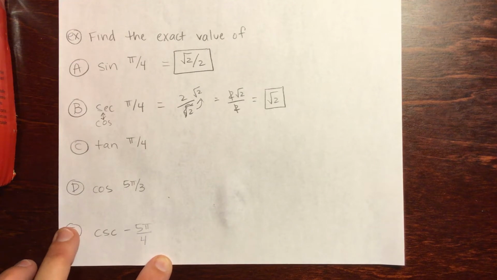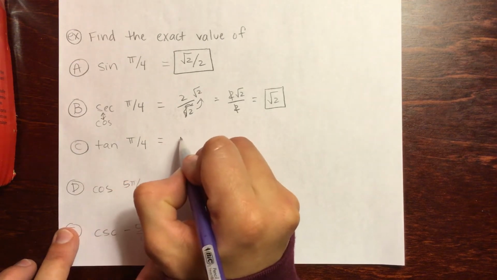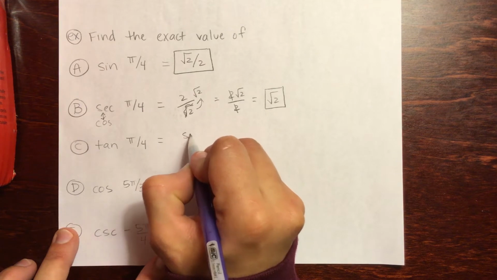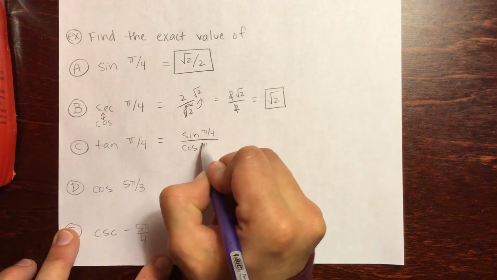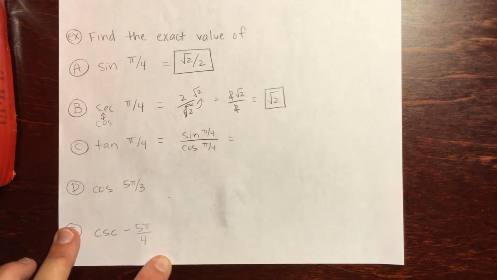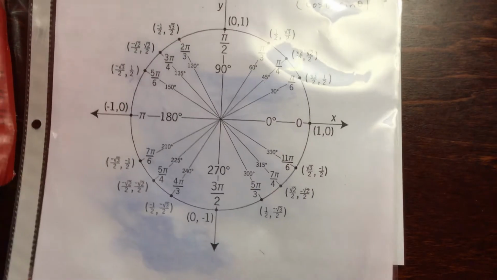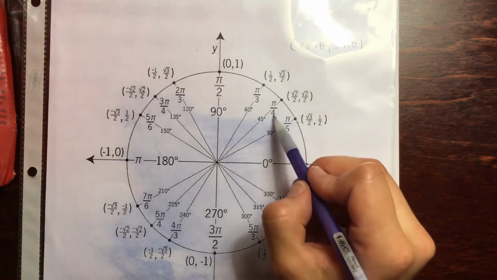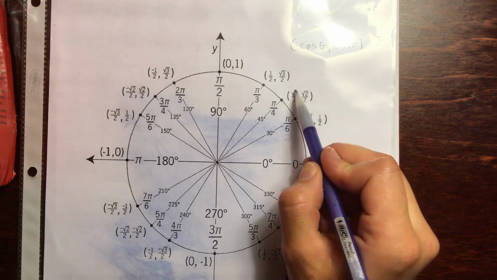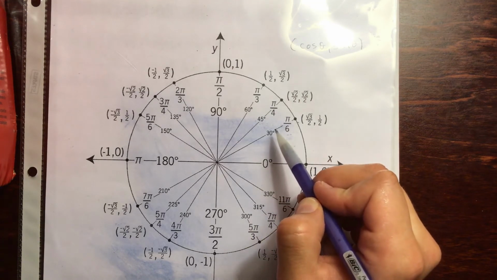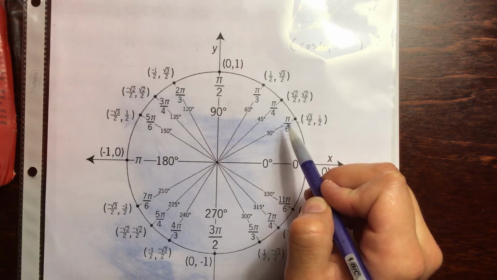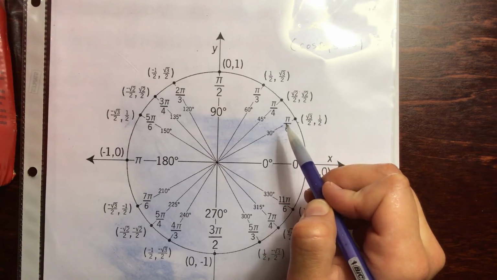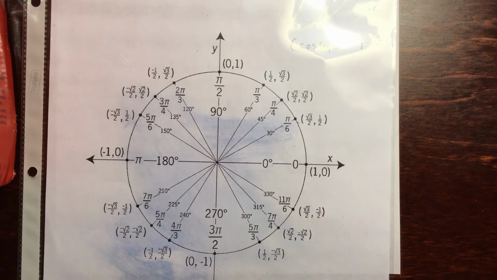All right, now let's do tangent pi over 4. The tangent identity is tangent equals sine over cosine. And since tangent is pi over 4, sine and cosine both need to be pi over 4. Let's look at pi over 4. Here's my sine value and here's my cosine value. On the unit circle, we will always have the same denominators. So instead of having to write the whole entire sine value over the whole entire cosine value and then do a keep change flip because we have a weird double fraction, we just have to look at the numerator.